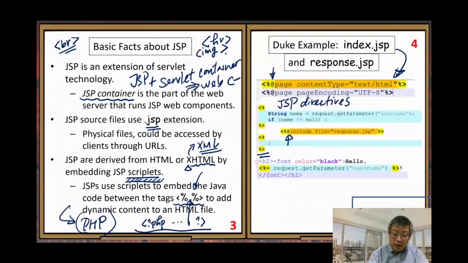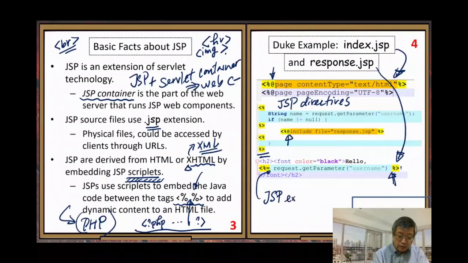This one is from response.jsp. In the response.jsp, look at the second line. After the percent sign, you see an equal sign. That's different. That's another JSP element, which we call a JSP expression. The usage is different.